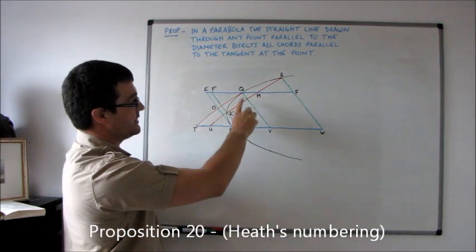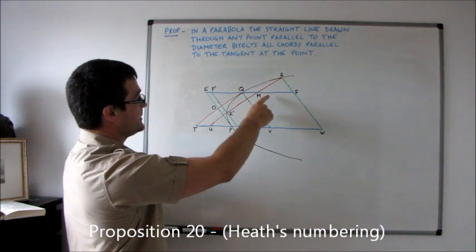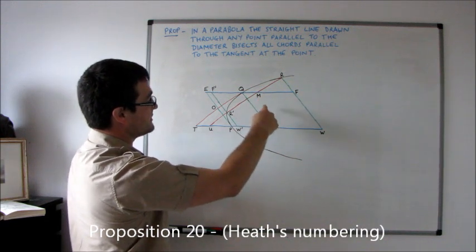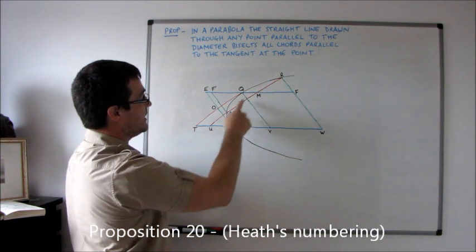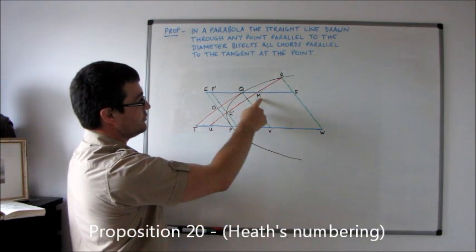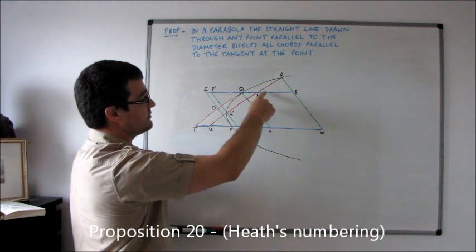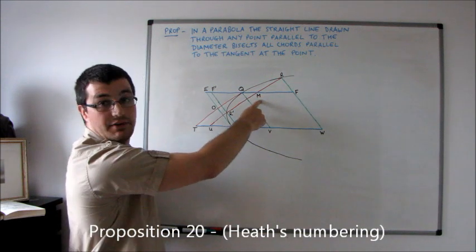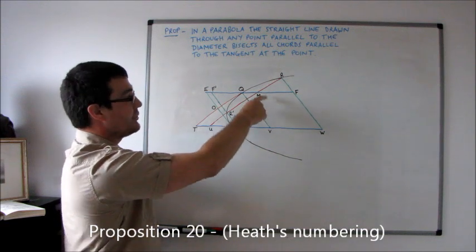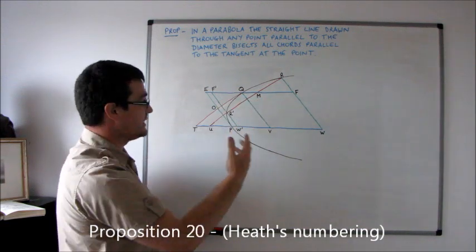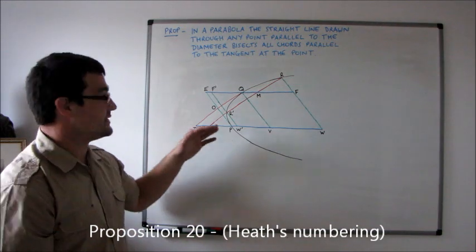In particular, the line R primed will intersect that parallel to the diameter through Q at the point M. This is going to be an important point for us to focus on in the proof of this proposition.